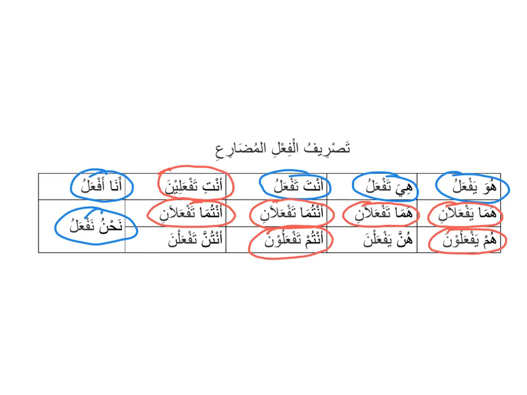And for the fi'l with red circles, yaf'alani, when it is in the state of mansub, you remove the nun. So now it becomes yaf'ala. The same goes for taf'ala. You just take out the nun. And for the fi'l that ends with waw and nun, when it is mansub, again you remove the nun, but you have to add an alif after the waw.